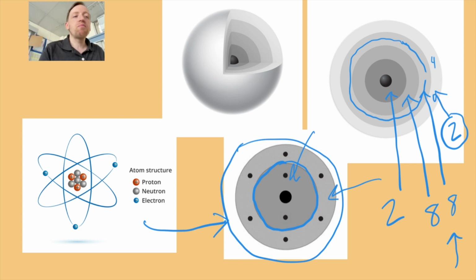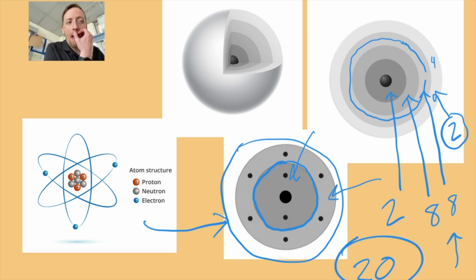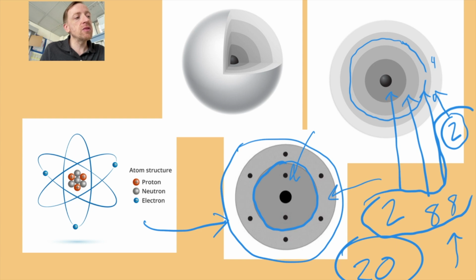But we don't really need to pay too much attention to that, because we're only going to focus on the first 20 elements, and that means that this 2, 8, 8, 2, when we add those together, we get 20. So we only really need to pay attention to this 2, 8, 8, 2 format at the 8th grade level, just to introduce the periodic table.